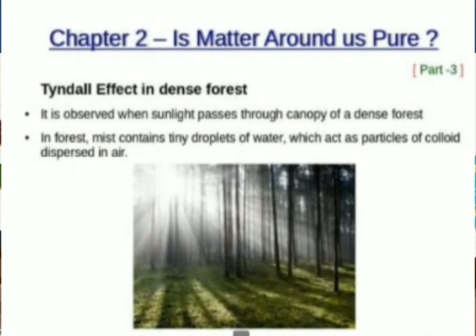It is observed when sunlight passes through the canopy of a dense forest. In the forest, mist contains tiny droplets of water, which act as particles of colloid dispersed in air. At that time, we can see the Tyndall effect.